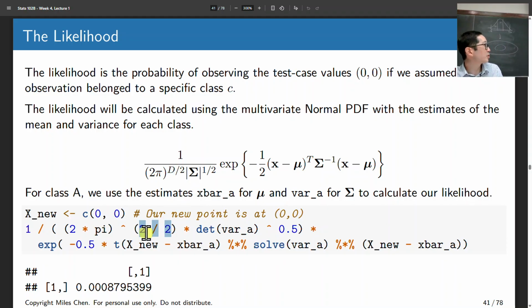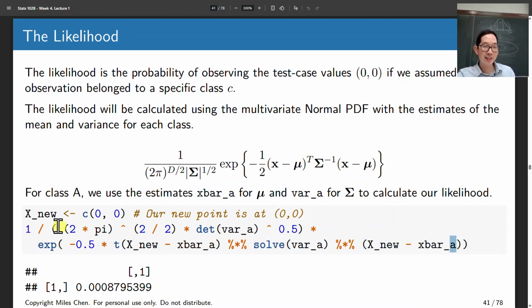So this is just raised to the 1. We'll take the determinant of our variance matrix and raise that to the 1/2, times e to the negative 1/2, and then we take the difference between our x new, our 0, 0 vector, minus the mean vector for A, transpose, times the inverse of our variance matrix, times x minus x bar A.